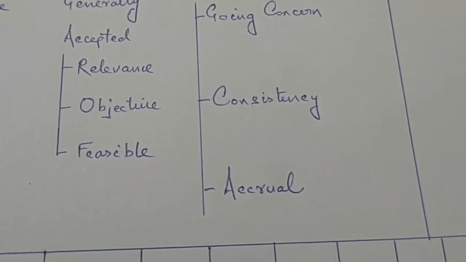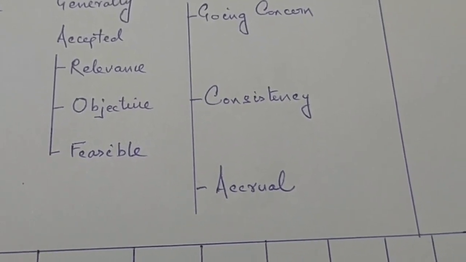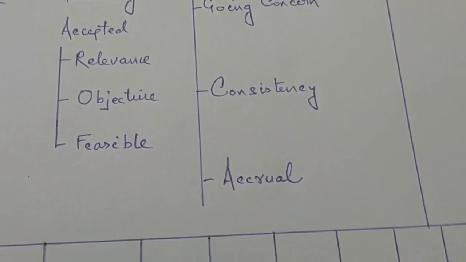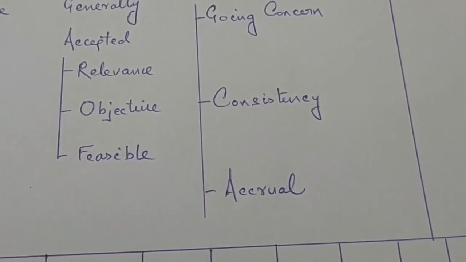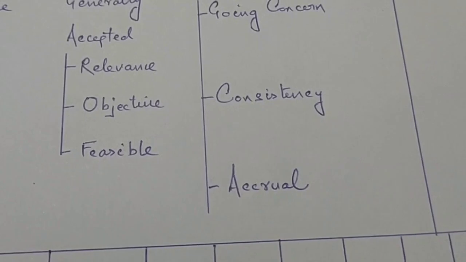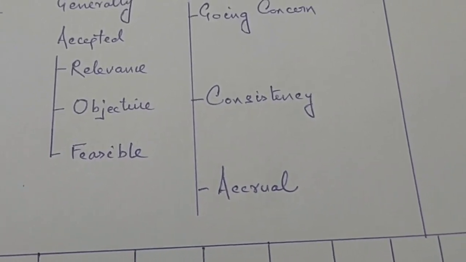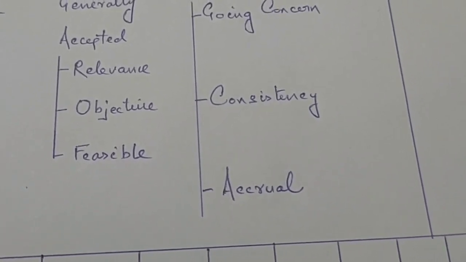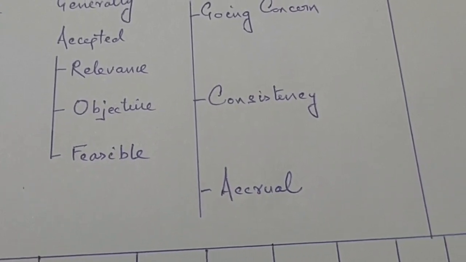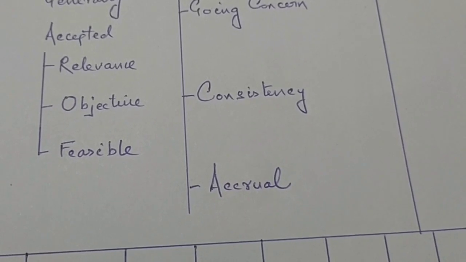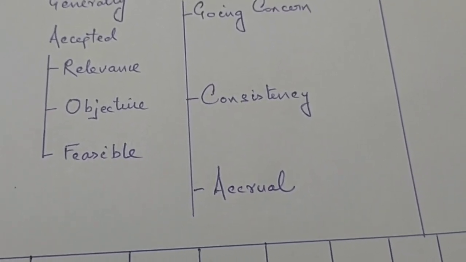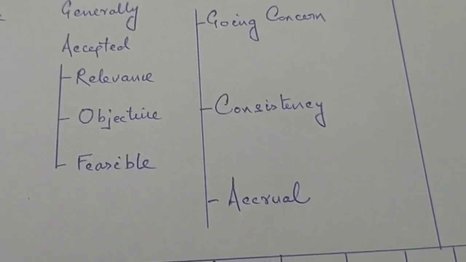What does going concern mean? The words going concern themselves say that something is going on, and no one can foresee the time when a profitable running business is going to be shut down. No one can foresee the date when a profitable business will be shut down.